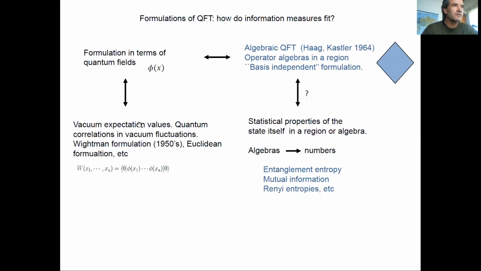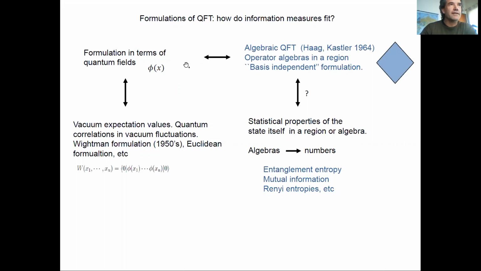And we know from the 50s that we can also obtain expectation values of products of these operators, and these give you numbers for the fields. The description of the theory in terms of the quantum fields, or in terms of these expectation values, these Wightman functions, is equivalent. So one has the possibility to talk about functions instead of operators.